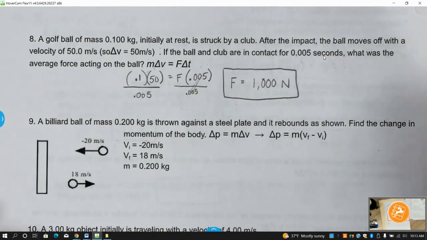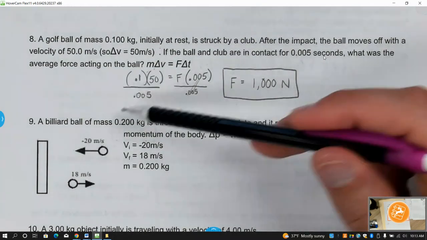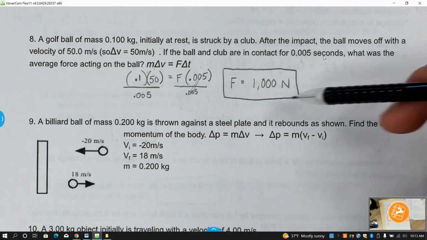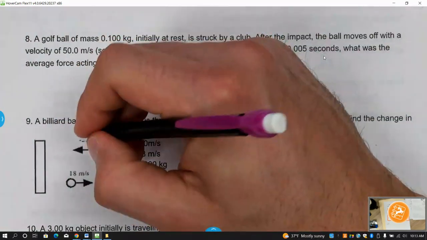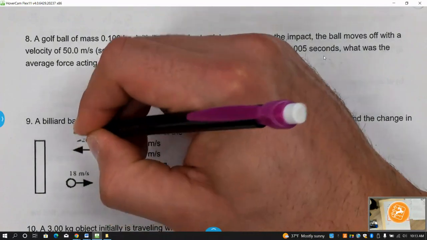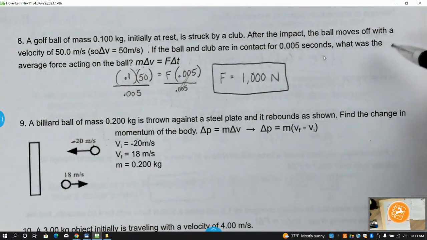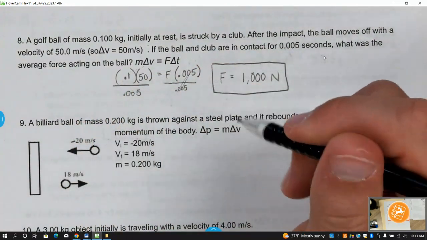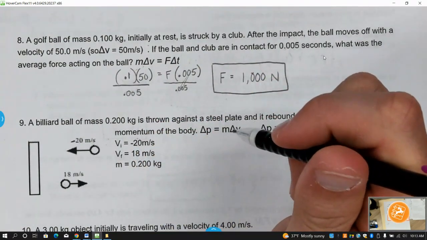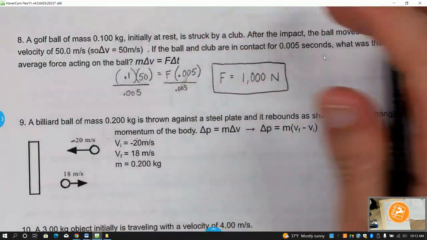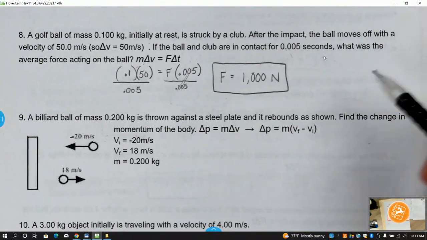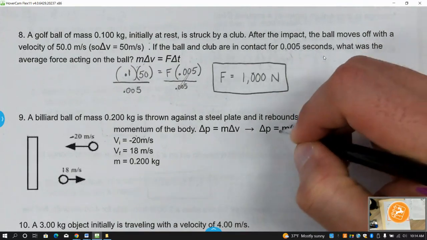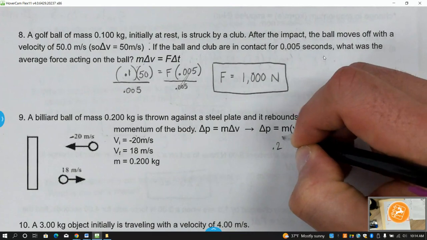Number 9: a billiard ball with a mass of 0.2 kilograms is thrown against a steel plate, and it rebounds as shown. See how it's moving to the left. It has a velocity of negative 20 meters per second, hits the wall, and bounces back with a velocity of 18 meters per second to the right. They want to know the change in momentum of this billiard ball. I've rearranged the equation very simplistically. My mass was 0.2 kilograms.